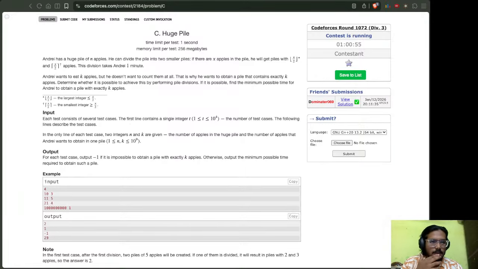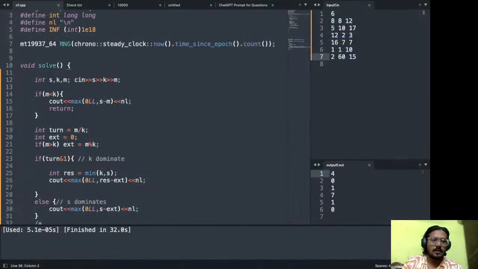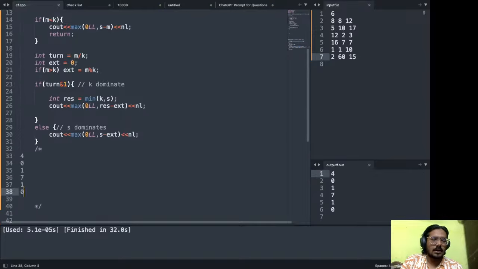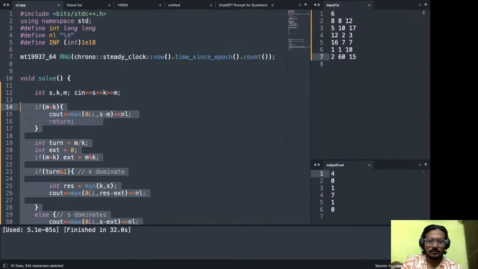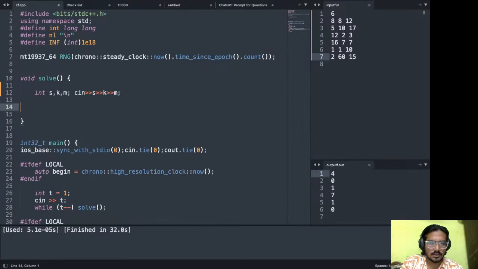Okay, let's move to 3. So the idea is to keep dividing and see whether I am getting k or not.